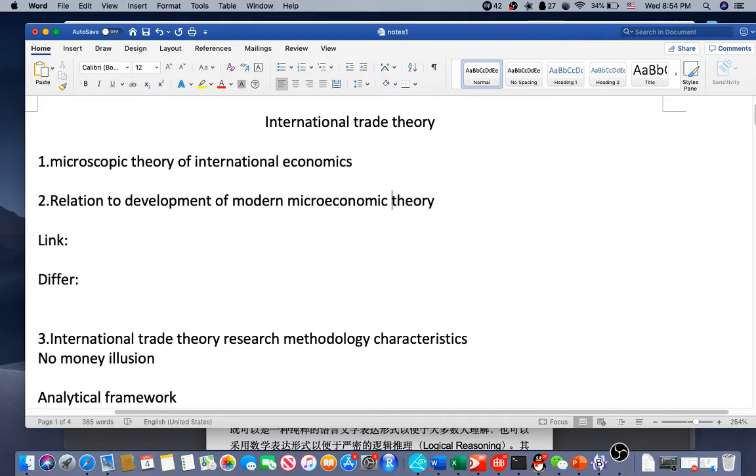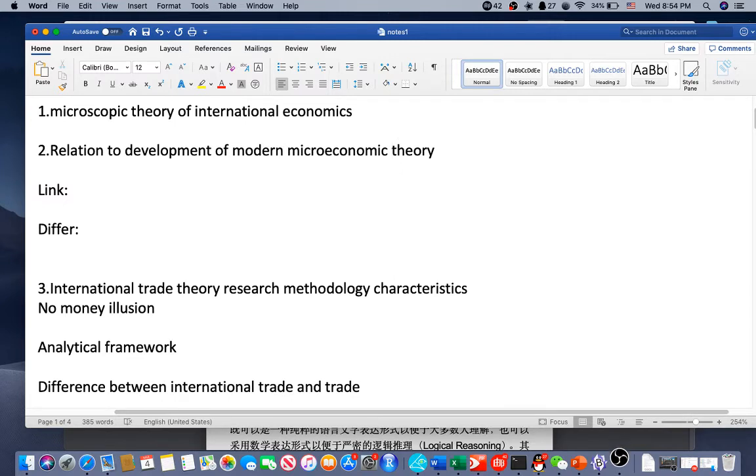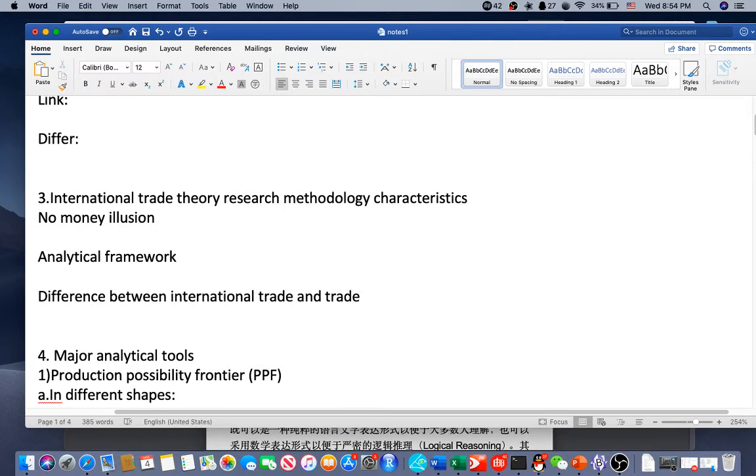The international trade theory research methodology characteristics. The first is no money illusion. There is no relationship with currency factors, no concern for the consequences of monetary policy. The difference and relationship of monetary policy will have no impact on the trade theory.